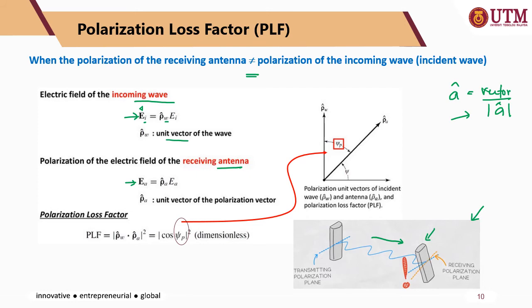Psi is the angle between rho W, the incident wave unit vector, and the antenna unit vector. This figure shows the alignment between the incident wave unit vector and the unit vector of the antenna.